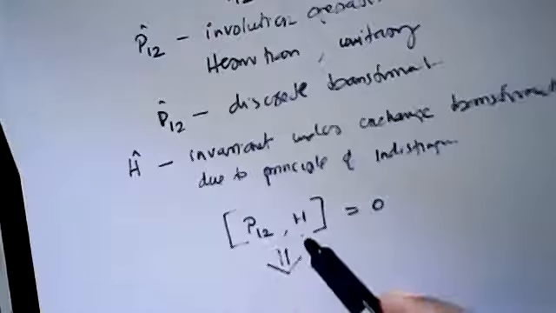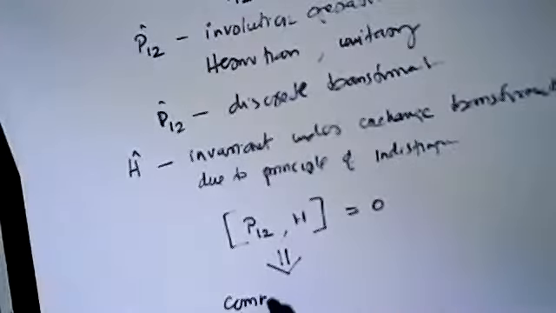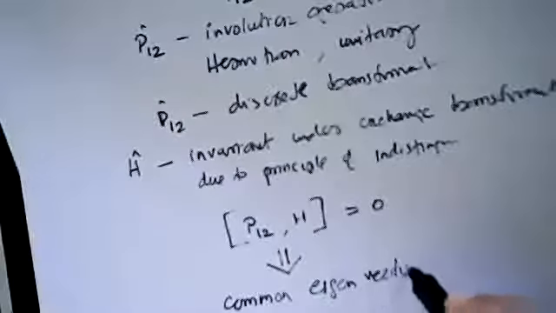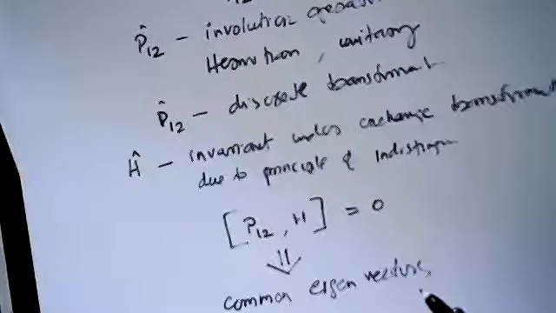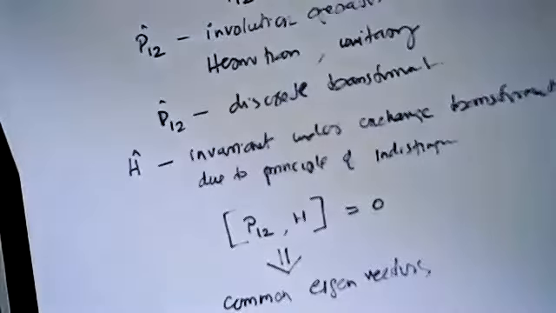These two are commuting, so commuting operators will have common simultaneous eigenvectors. So we can say that the eigenvectors of P12 are the same as the eigenvectors of H. The eigenvectors are common.